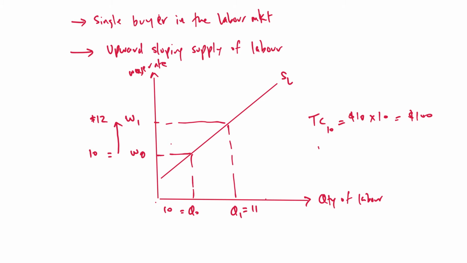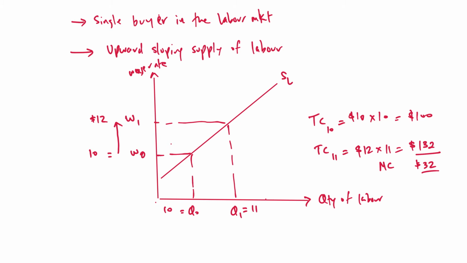But what's your total cost of hiring 11 workers? The wage rate is 12, so 12 times 11 is 132, which would mean my marginal cost of hiring one extra worker is actually 32. Why is the cost so high?